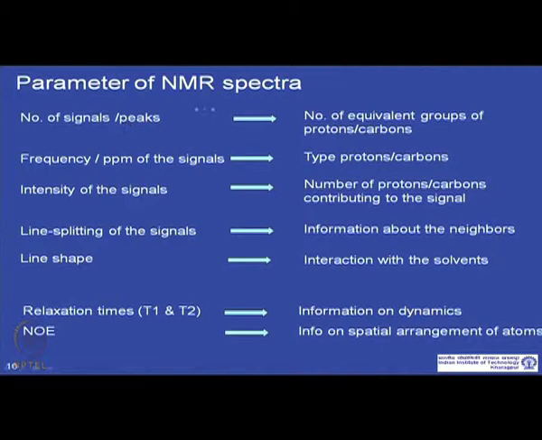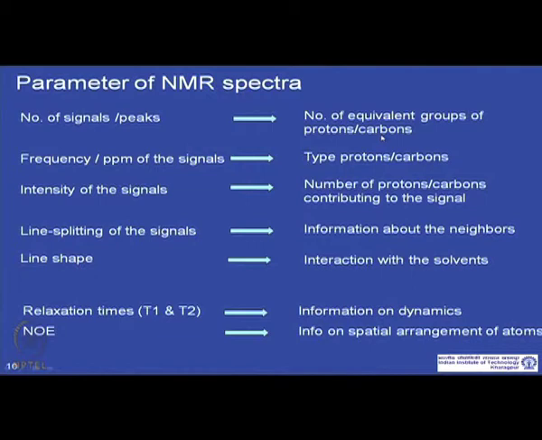When you observe an NMR spectrum, what does it mean? The number of signals or peaks we see in an NMR spectrum means the number of equivalent groups of protons or carbons. If you are talking about a carbon-13 NMR spectrum, then we are talking about that many equivalent groups of carbons present in the molecule.